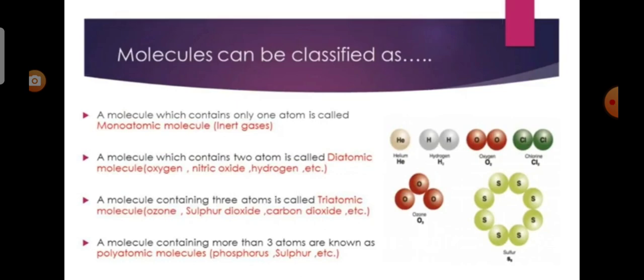If a molecule contains three atoms, it is called a triatomic molecule. Ozone, sulfur dioxide, carbon dioxide are examples of triatomic molecules. If a molecule contains more than three atoms, it is known as a polyatomic molecule. Phosphorus, sulfur are examples of polyatomic molecules.